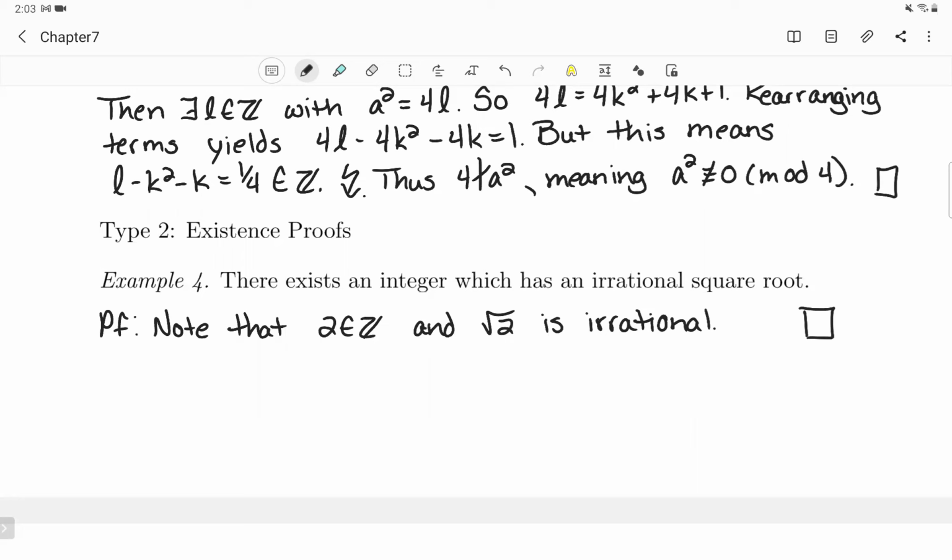It may have been example 1 actually. Yeah, absolutely, that'd be fine. So that's the easiest type of existence proof, because if it says there exists, you just have to find one. So we said you can't prove by example in general, but if all they say is one exists, then you just need to find the one.